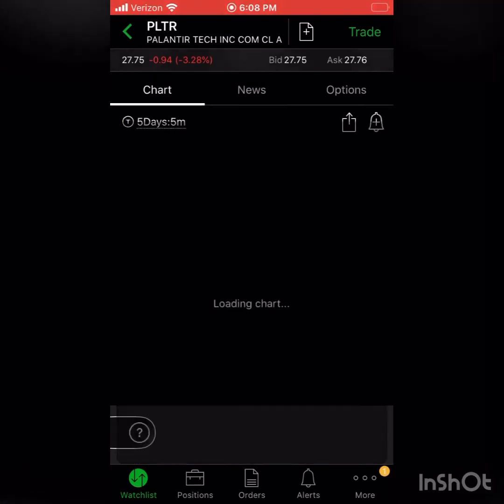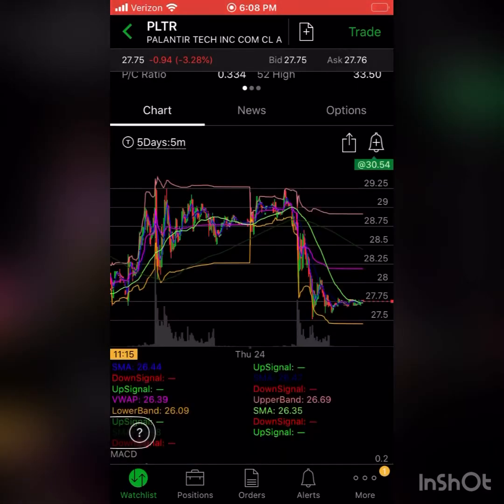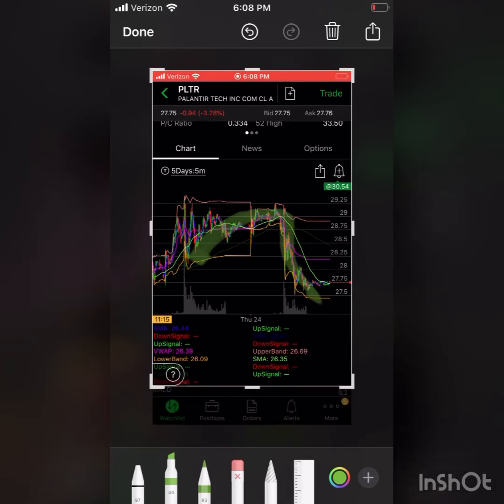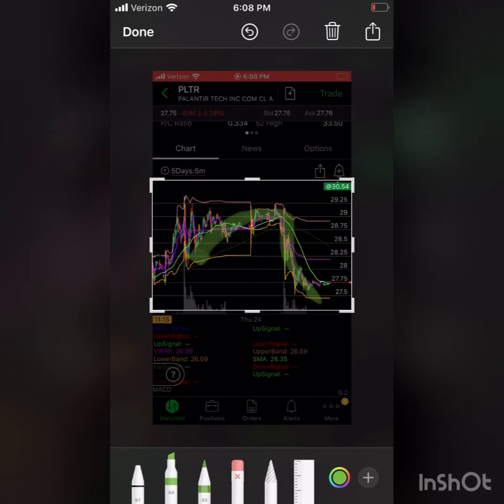So then you check out your 5-minute time frame, and you can see a real good indication here. What I look for on this is I'm looking at a chart like this, and I see that it's gone here, and then it just dropped down.